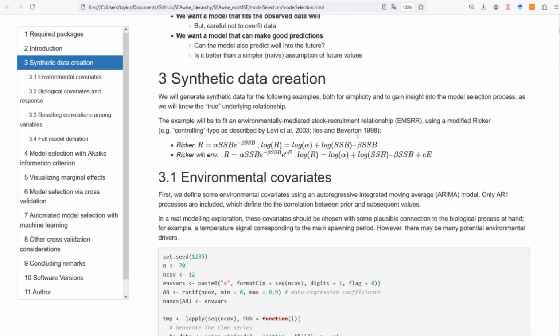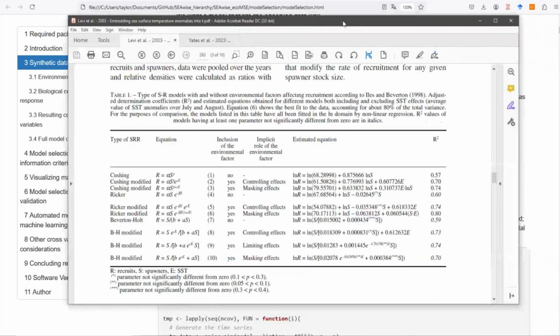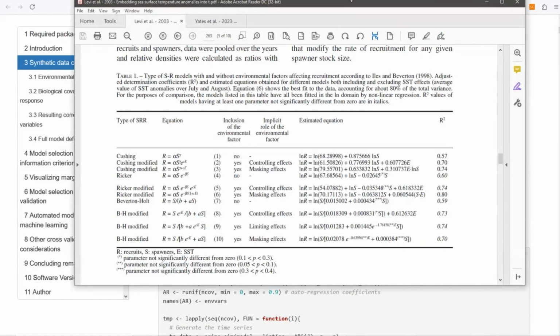And this specific relationship that was described in these papers is called the controlling type, and there are many others that they listed as well. But this just adds an extra term here that has some sort of environmental covariate and an additional coefficient. So that's just adding another term. It's still quite easy. And I just wanted to point out, this is the Levy paper, which I think Isabella also referred to. There were lots of different models that they looked at.